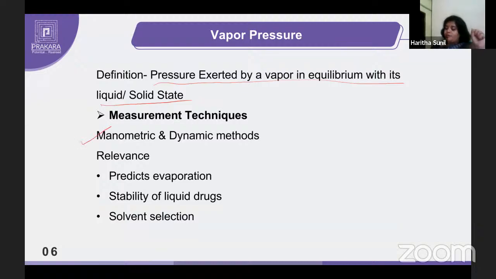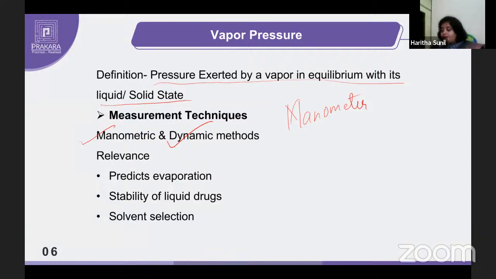It is measured using manometric methods and dynamic methods. In the manometric method, we determine the vapor pressure using equipment called a manometer. It is mostly used for non-volatile as well as semi-volatile compounds, for example, measuring the vapor pressure of drug substances during stability studies.